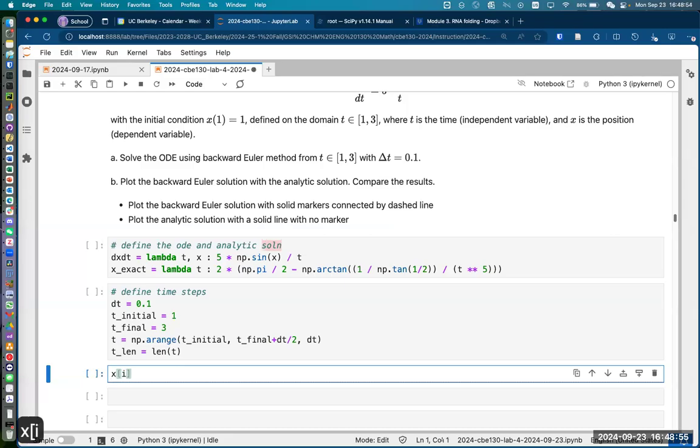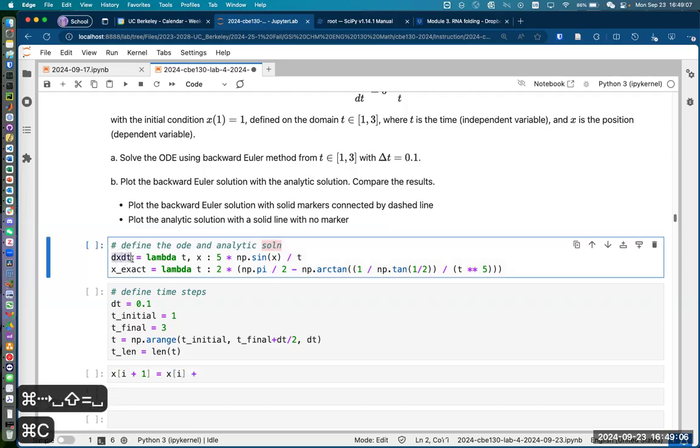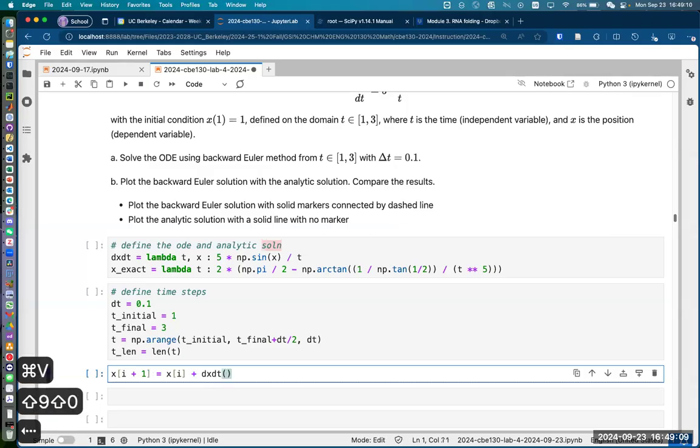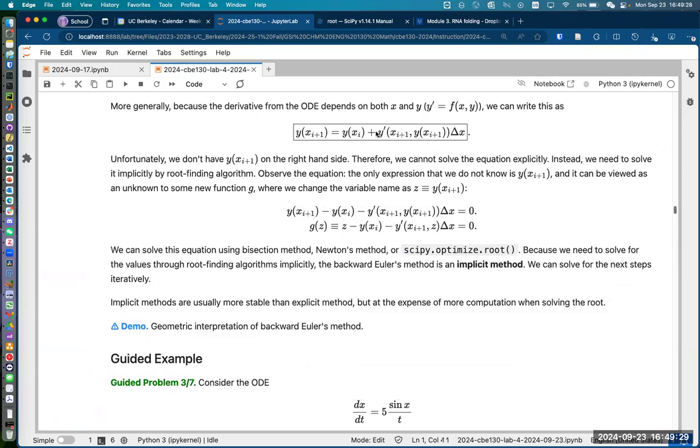So x of i plus 1 is equal to the formula: x of i plus the derivative f of t_i, x_{i+1}, multiplied by dx. But note that we do not know this whole thing, so we need to solve for x of i plus 1.